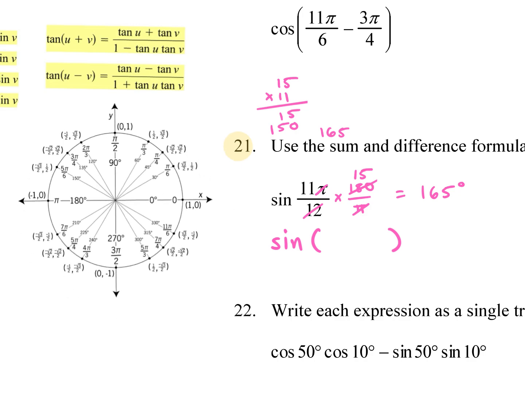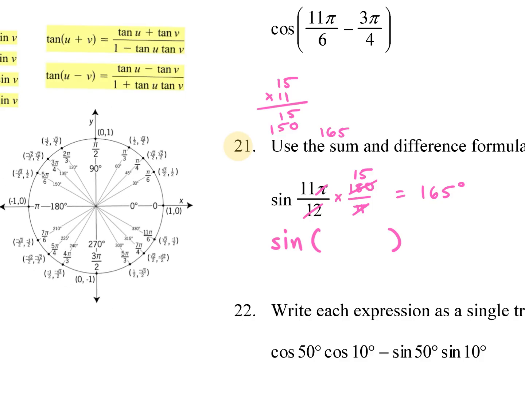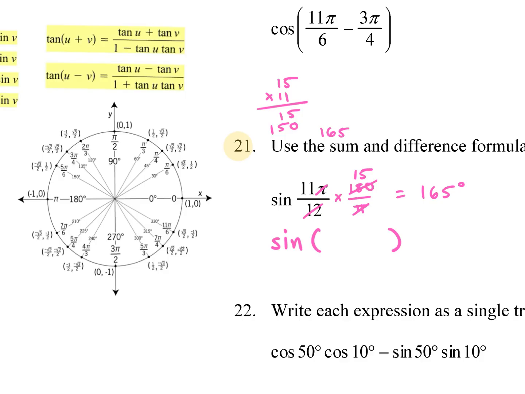There are more than one correct way to add together. I heard 135 and 30. That works. If you wanted to say, Jack, what did you say? 120 and 45. That also works. You'll end up with the same answer at the end. It doesn't matter which 2 you pick. Just make sure you pick 2 that either add to 165 or subtract. So we'll do 135 and 30.